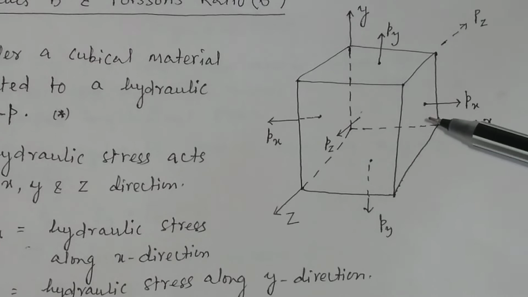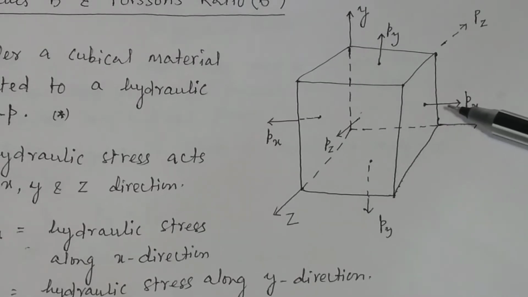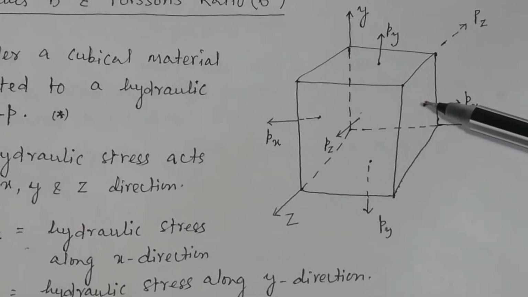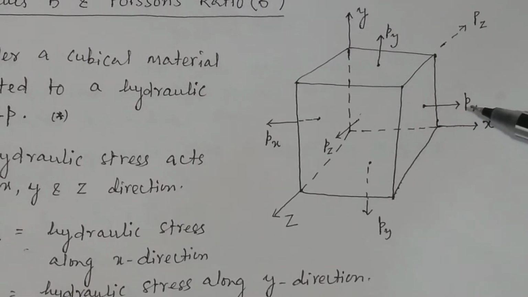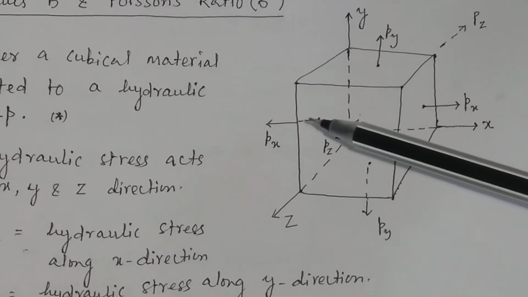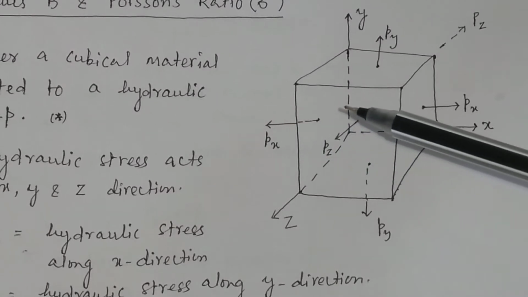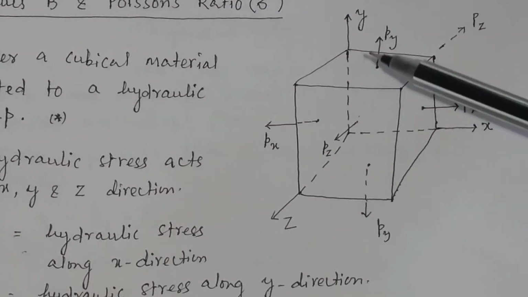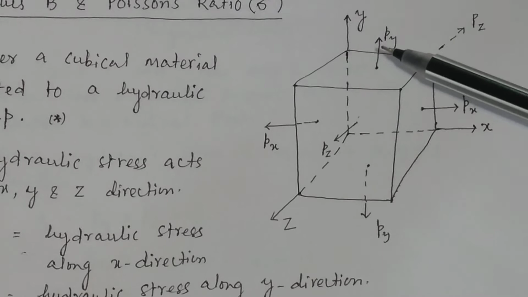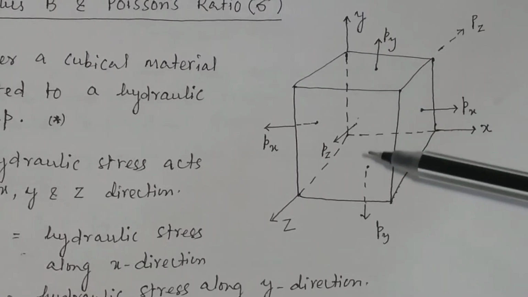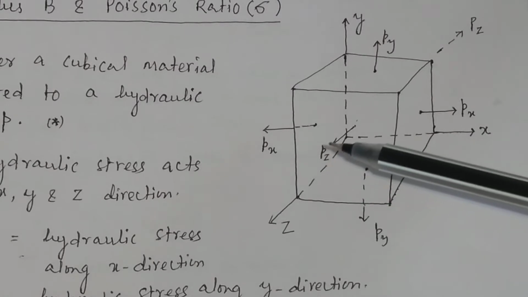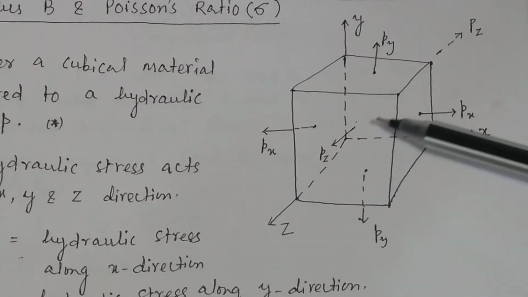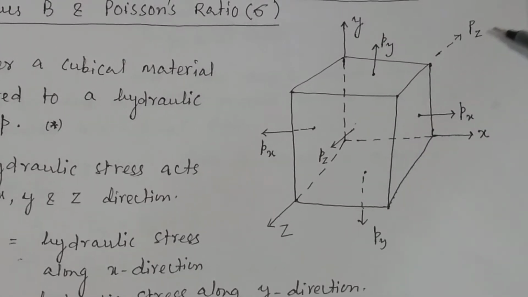As shown in this figure, suppose Px is the hydraulic stress along the x direction, along this positive x direction as well as this negative x direction. Similarly, Py is the hydraulic stress along the y direction, along this direction, also along this direction, and Pz is the hydraulic stress along the z direction, this one and another this one.